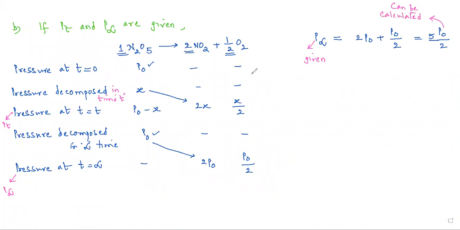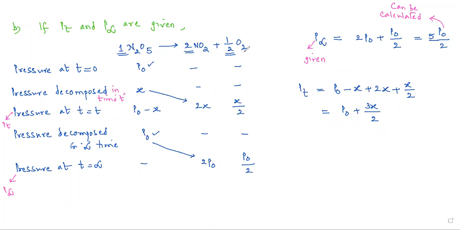Okay. Now, let us go for PT, which is also given. Look at PT. Nothing but P naught minus X plus 2X plus X by 2. So, this can be given as P naught plus 3x by 2, as we have seen in the previous case also, right?